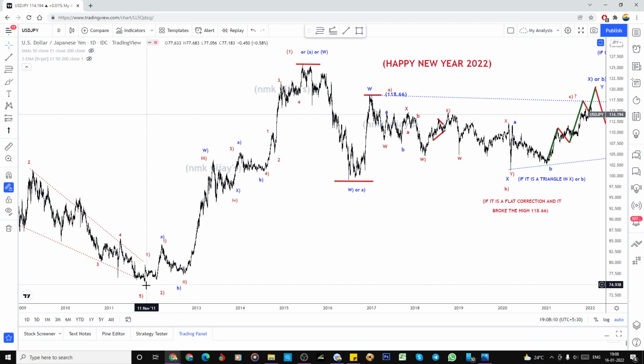So later on what I did, this is A, B, C, and this is the end of the W, and this X is a triangle, A, B and C. So this is also valid.